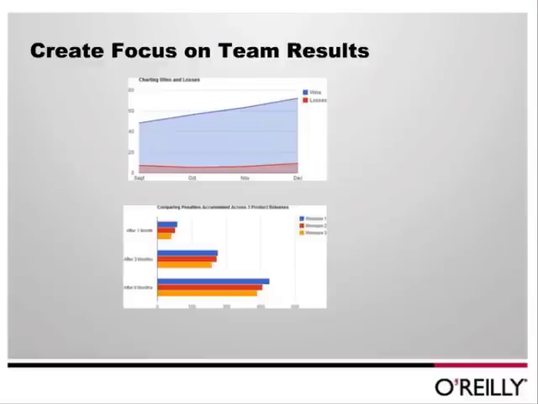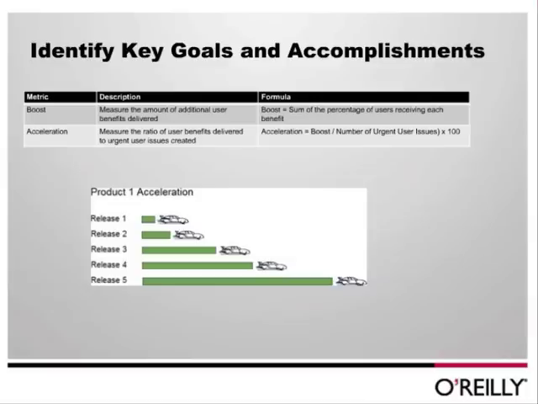And you can also find creative ways, I think, to use metrics to focus in on key goals and key accomplishments. For example, I have a couple of metrics here that go to trying to measure the benefits that are delivered to existing users of a software product in each release.